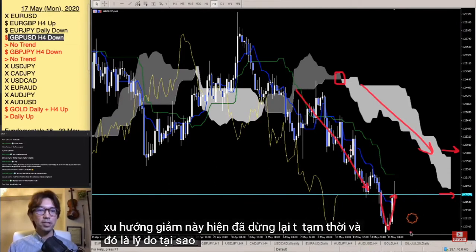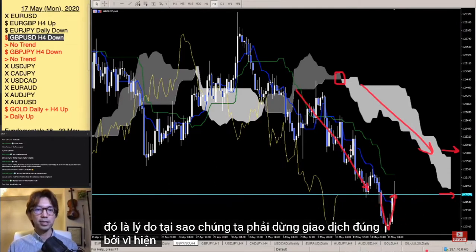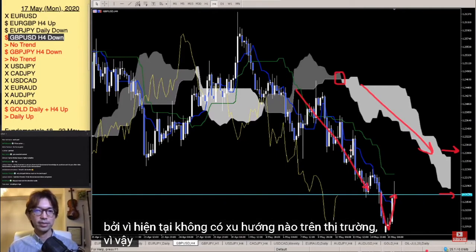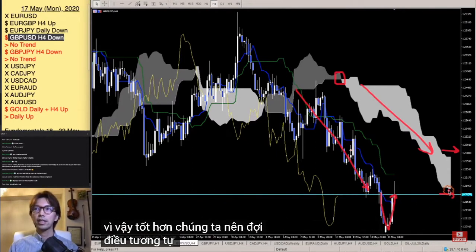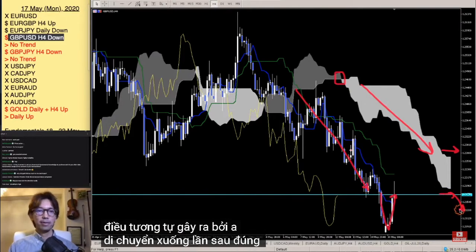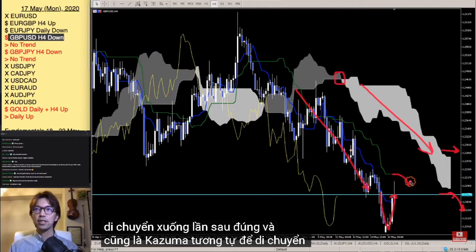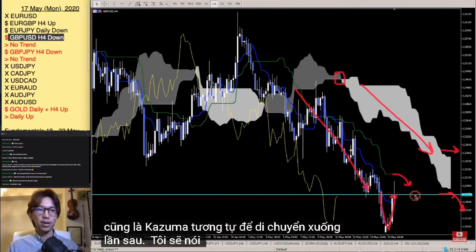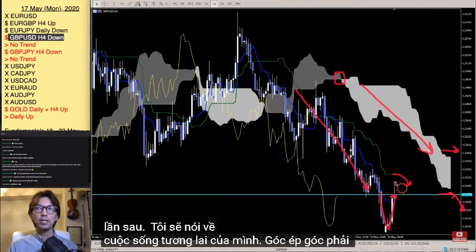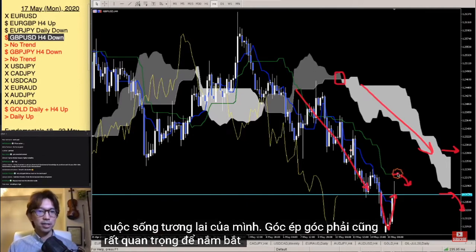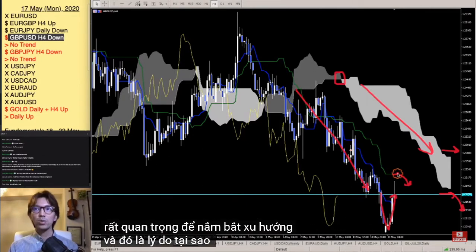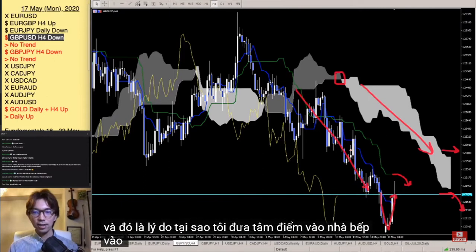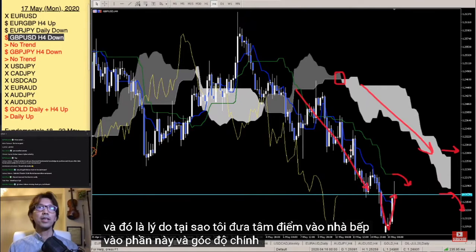That's why we have to stop trading, because there's no trend in the market right now. So we better wait for Senko Span A to be moving downwards next time, and also Kijun Sen to move downwards, which I will talk about in my future lives. The Kijun Sen angle is very important to capture the trend too, and that's why I include the Kijun Sen in this PDF.